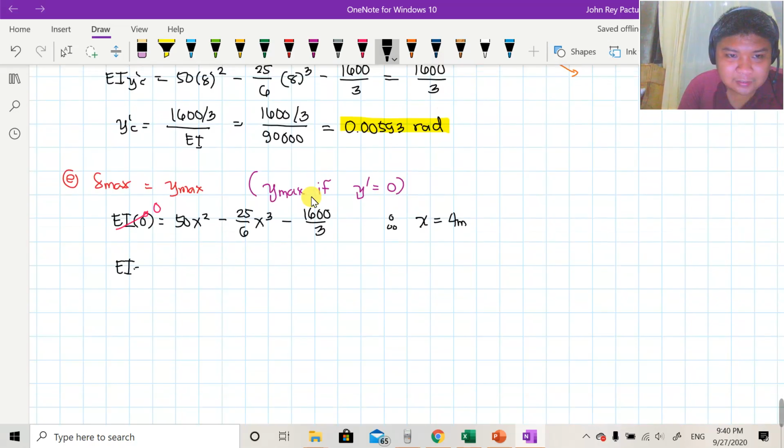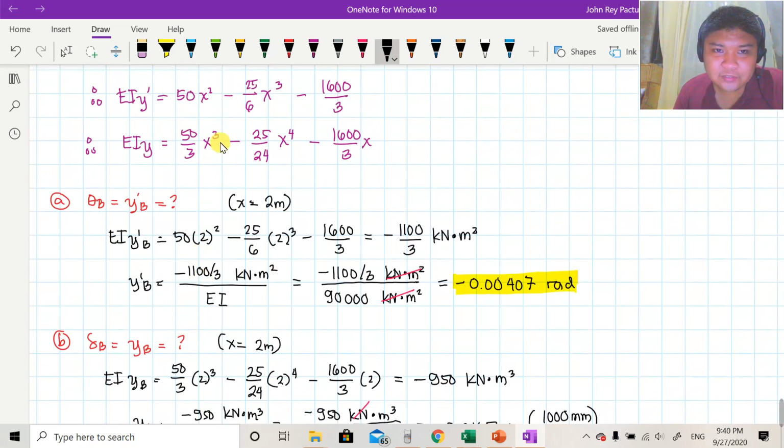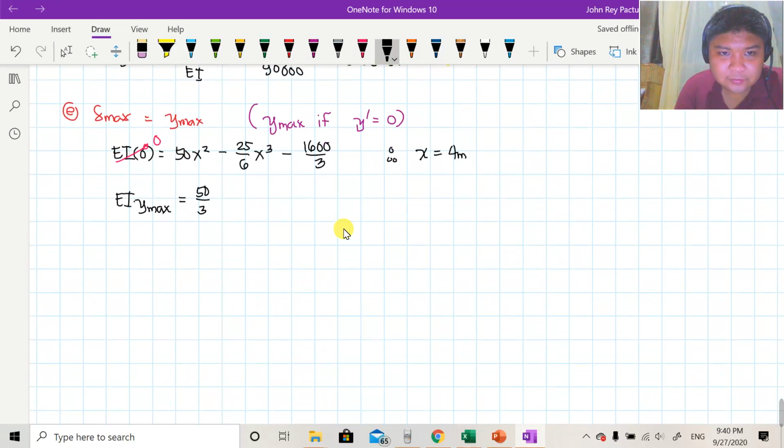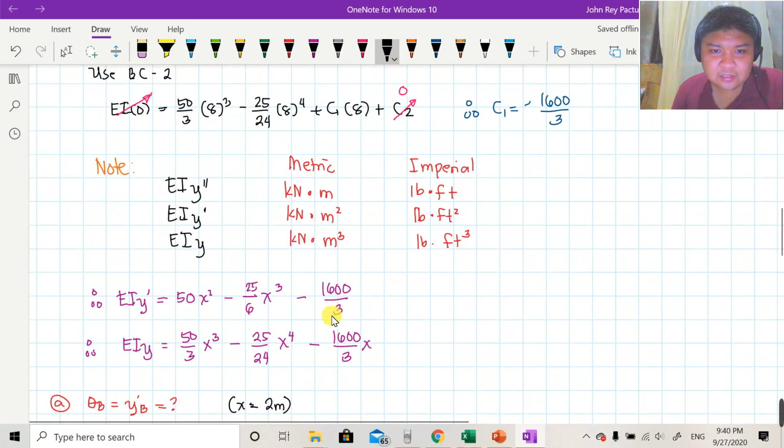So EIy max, and that will be equal to 50 over 3 x cube. So lagay natin yon, 4 cube, minus 25 over 24, 4 to the 4th yon, minus 1,600 over 3 times 4. So, yun. Check nyo nga siya.